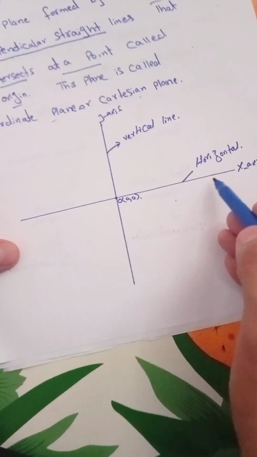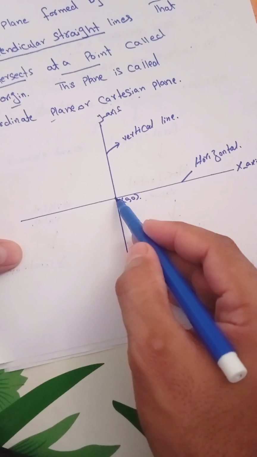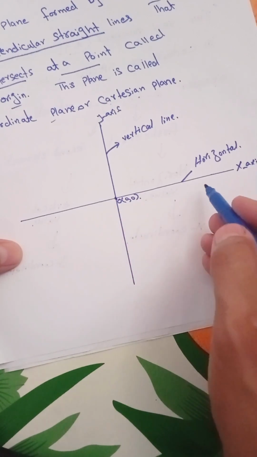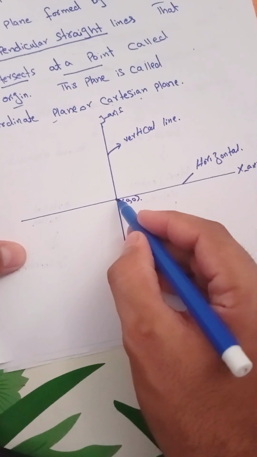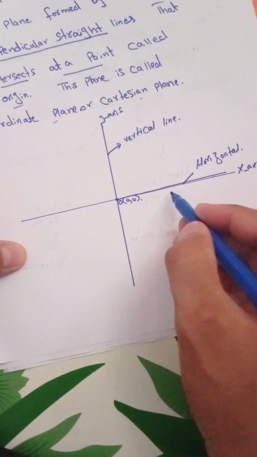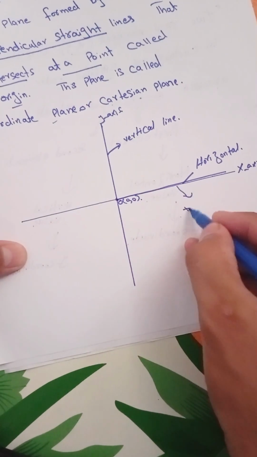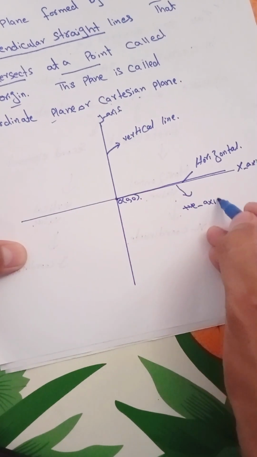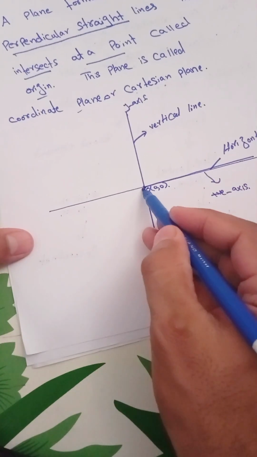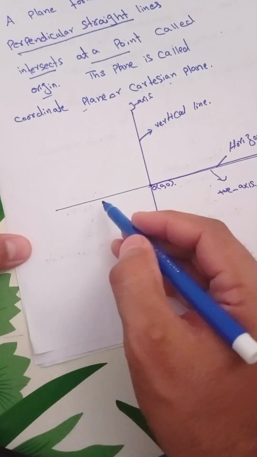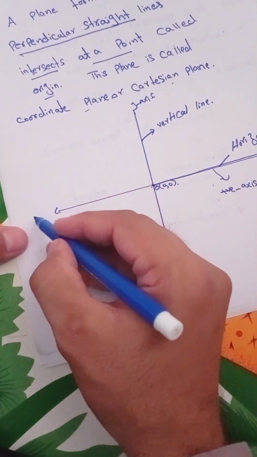On the x-axis, numbers from the origin to the right side represent the positive x-axis, and numbers to the left of the origin on the x-axis represent the negative x-axis.